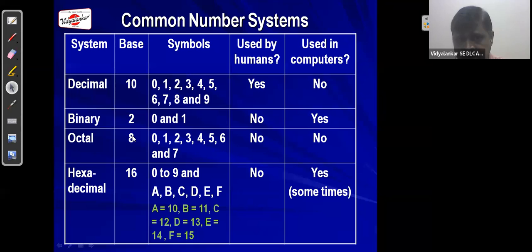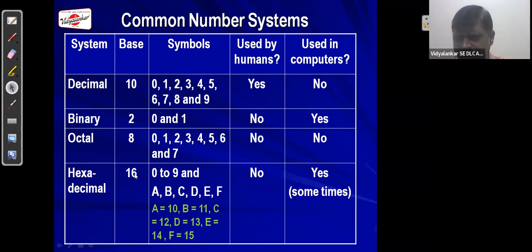And there are 8 digits, 0 to 7. And the fourth one is hexadecimal, whose base is 16.